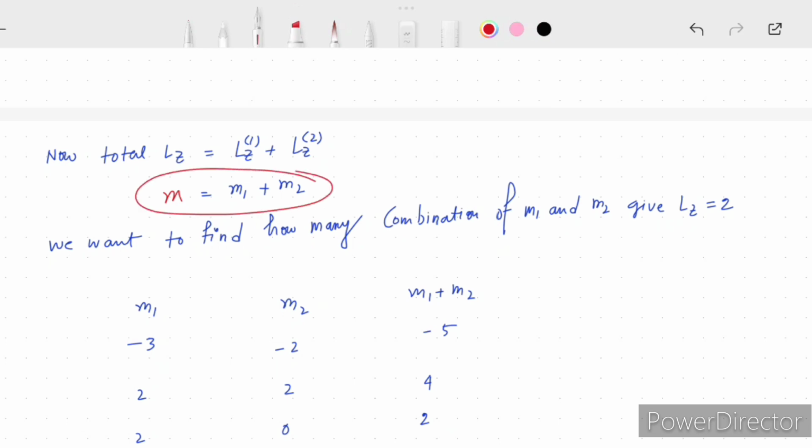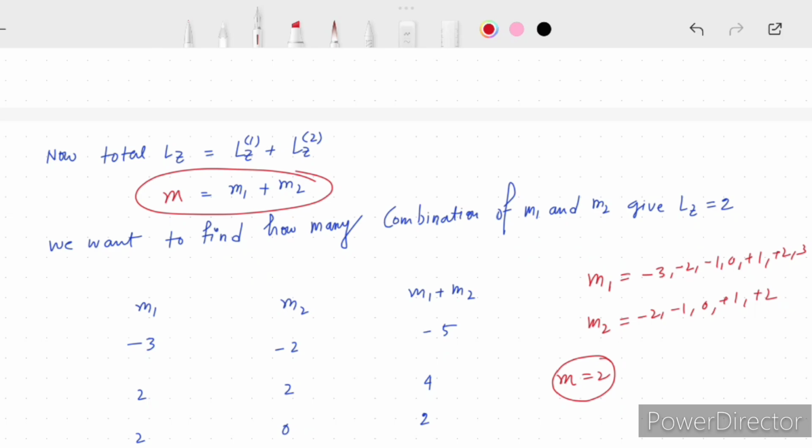So we get M1 with values -3, -2, -1, 0, +1, +2, +3, and M2 with values -2, -1, 0, +1, +2. We are trying to find the combinations of M1 and M2 for which M equals 2.